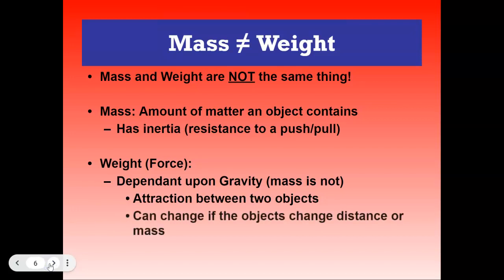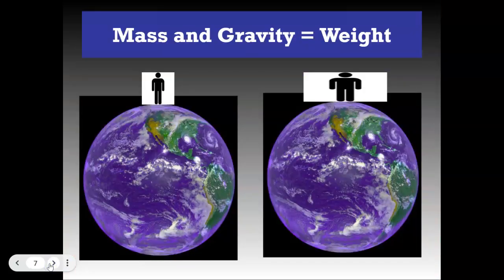Okay, which is just that attraction between two objects. And it can change if the objects change distance or mass. So if you did lose fat, go on a diet, or gain fat, you could change your weight because it's dependent on how much mass you have. Okay? So mass and gravity together equals your weight.